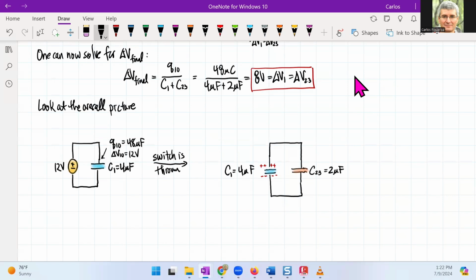The charge redistributes. Over here we had a voltage of 12, and now we have a different voltage. If this is the ground, that means this is 0 volts here and 0 volts here. This node rises up to a voltage of 8 volts along here.